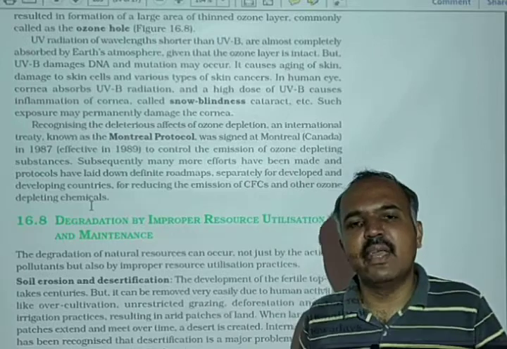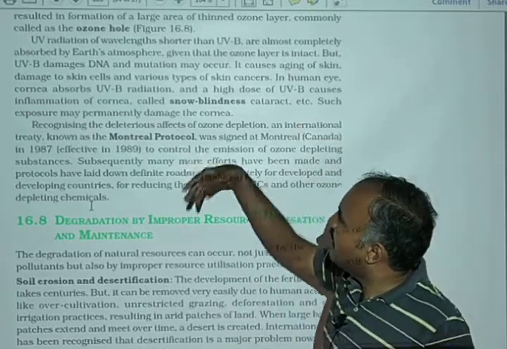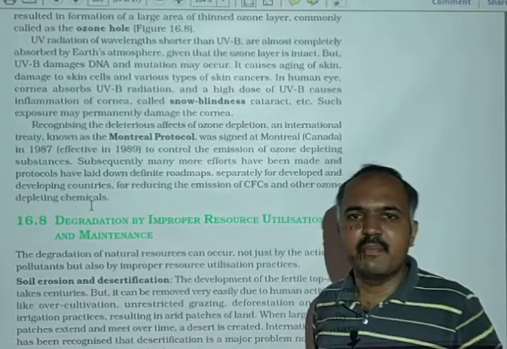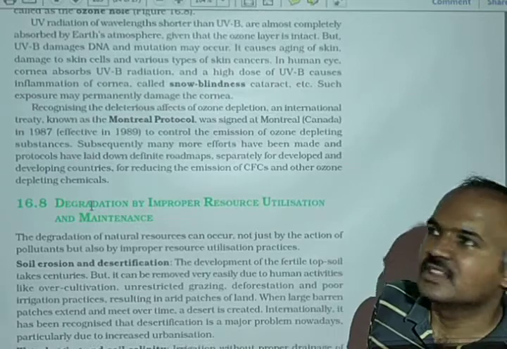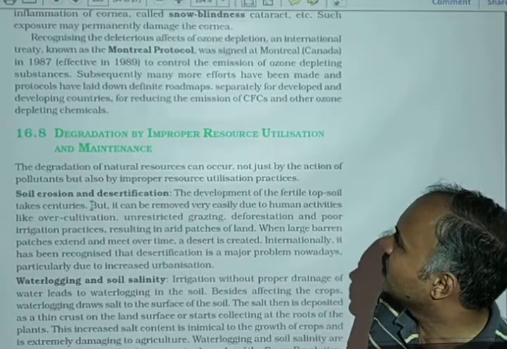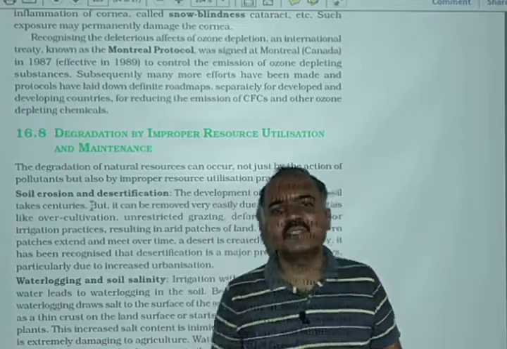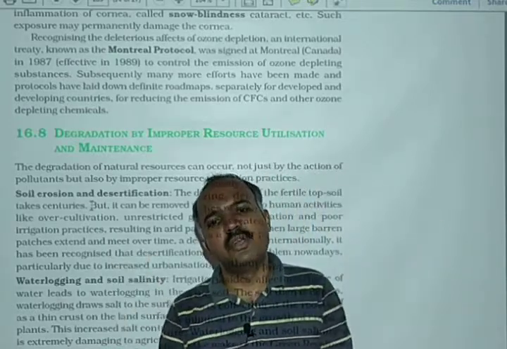It may also cause cataract. Such exposure may permanently damage the cornea, and sometimes we have to go for transplantation of the cornea.